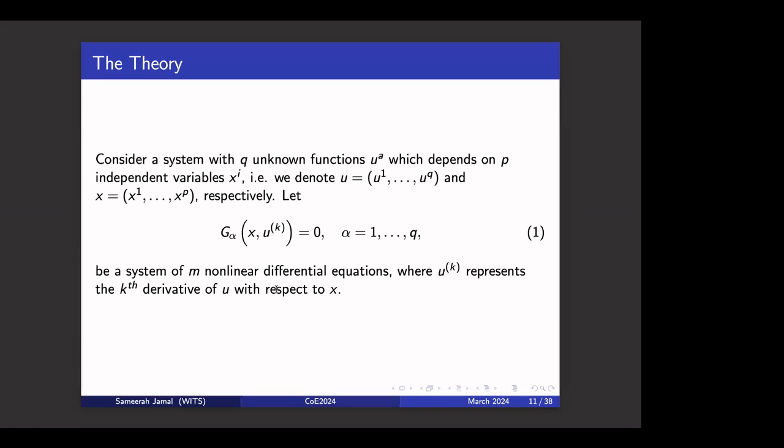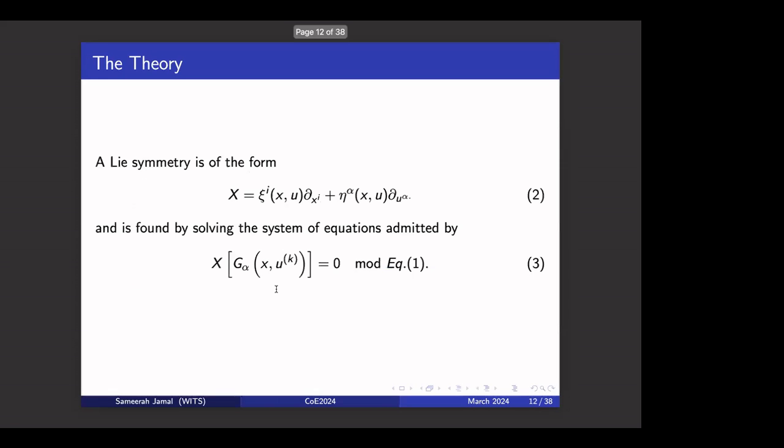So let's take any system of differential equations given by equation 1, where you have your independent variables x^i, let's say, and unknown functions for the dependent variable u. Obviously this method applies for any system of differential equations that have derivatives of u as well.